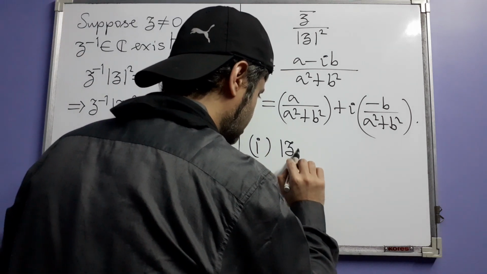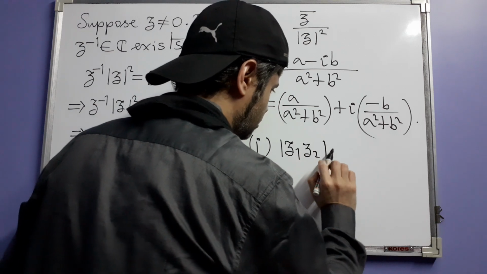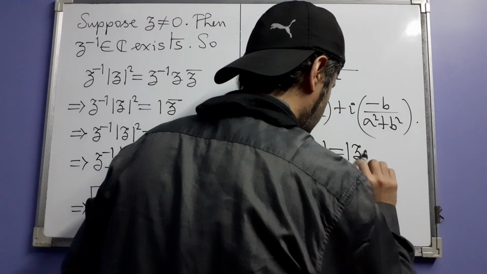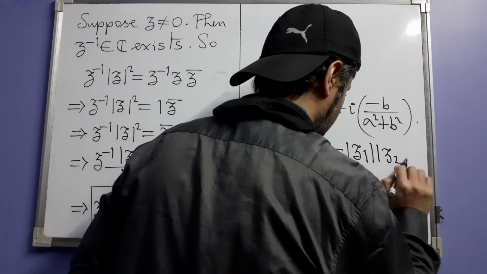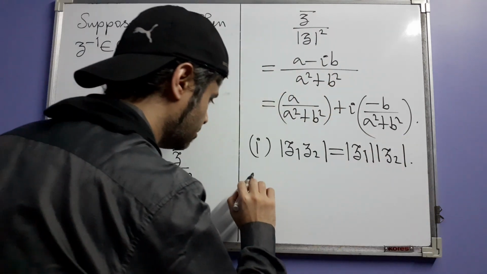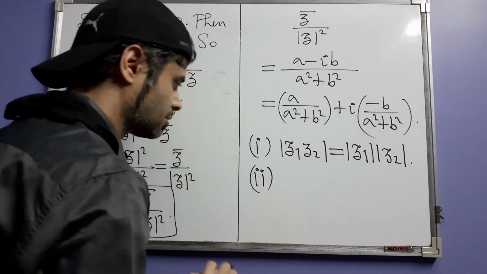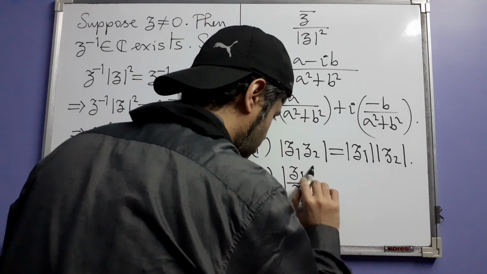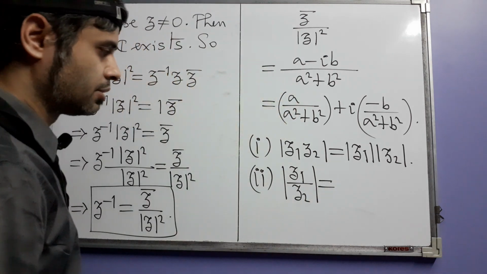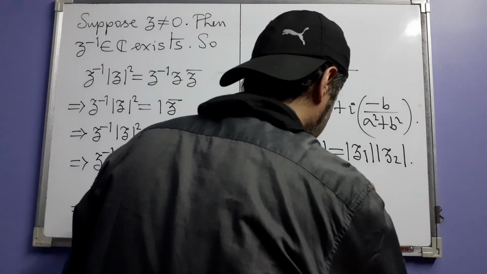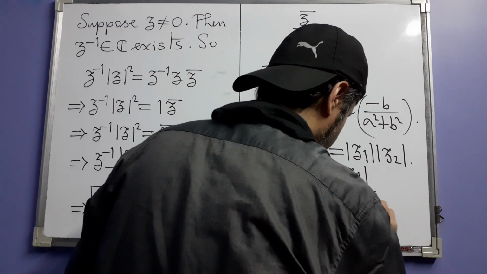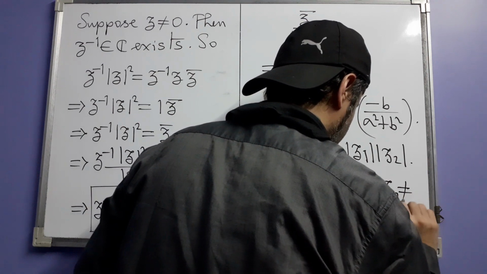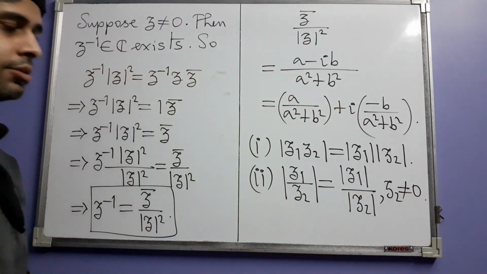The first property is this. The modulus of the product is equal to the product of the moduli. The second property is this. Modulus of this quotient is equal to this, provided of course that z2 is not equal to 0.